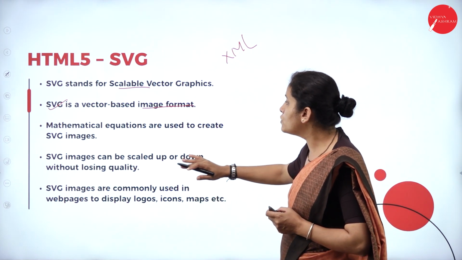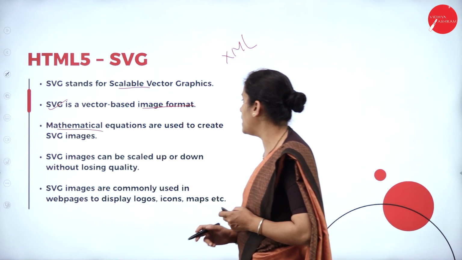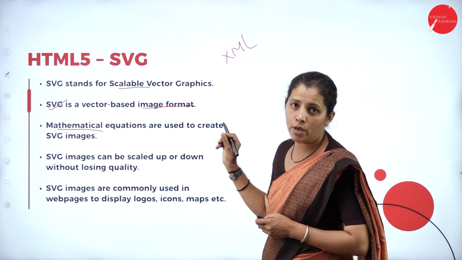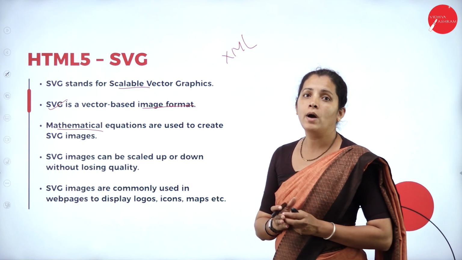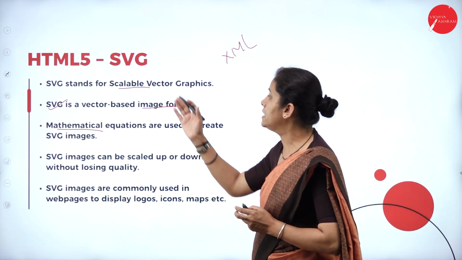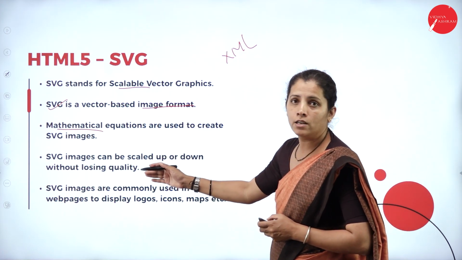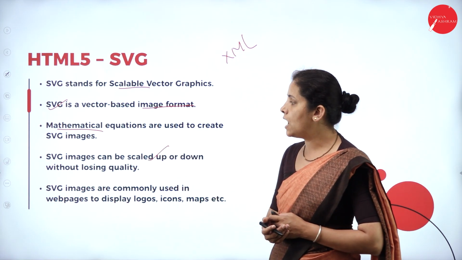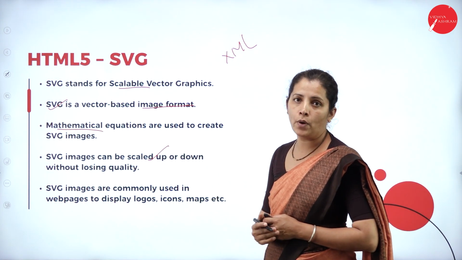Most of the images are represented in the form of mathematical equations. In the sense what? To create an SVG image, I want to provide the equations, and I provide them in terms of mathematical equations. The user can scale up and scale down the graphics without losing the quality.